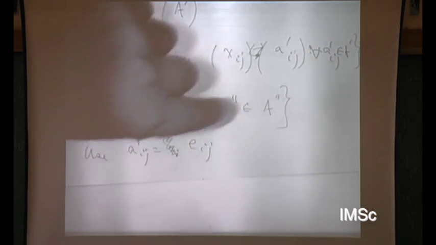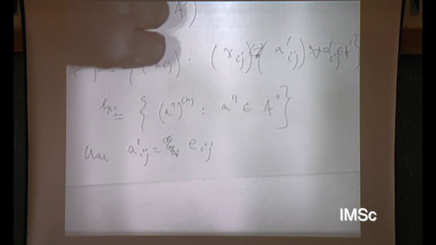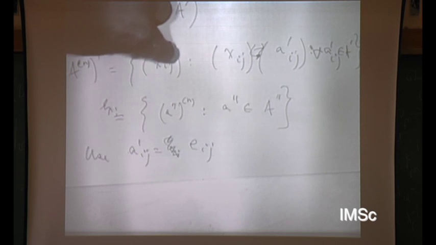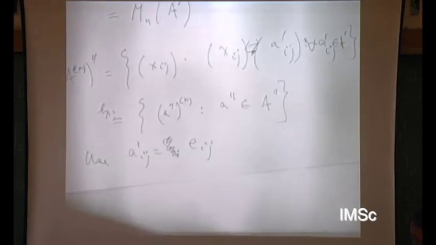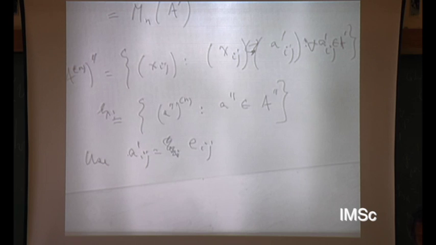And then to say that Xij commutes with any such E matrices will force the Xij to be diagonal and to have all diagonal entries equal.